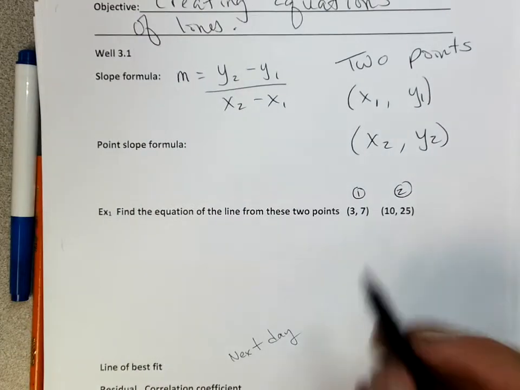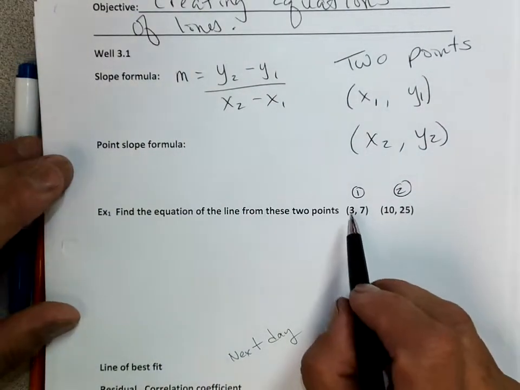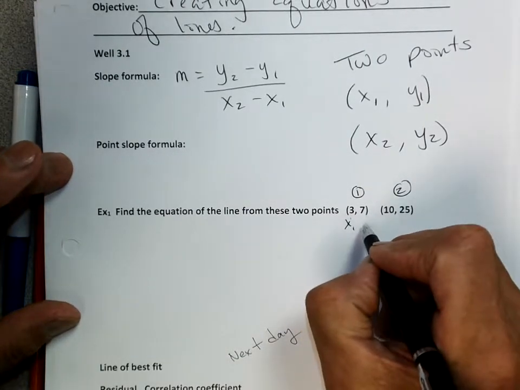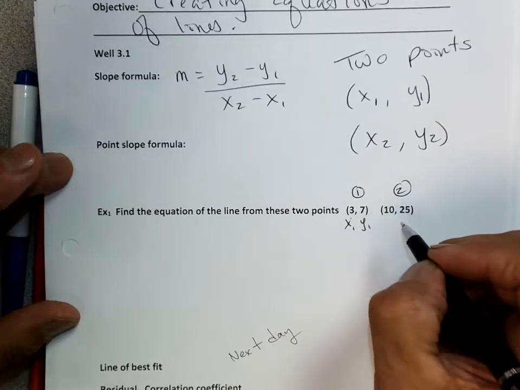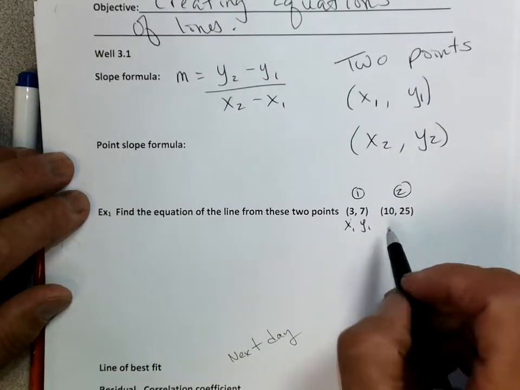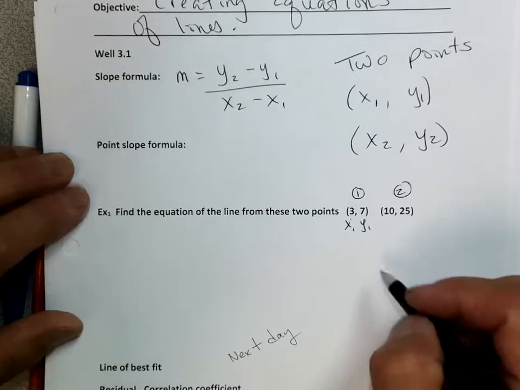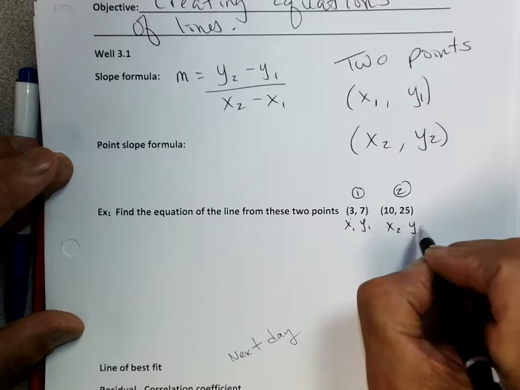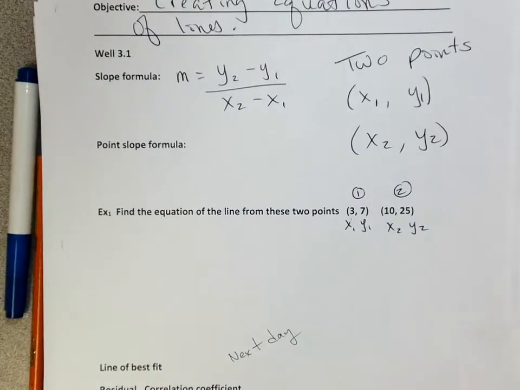Since every point has an x and a y, and this is point 1, let's call this 3 our x1 and this 7 our y1, just because it's the first point. And then the 10, 25 is my second point, x2, y2. That's where we get our values to put in the formula, right?